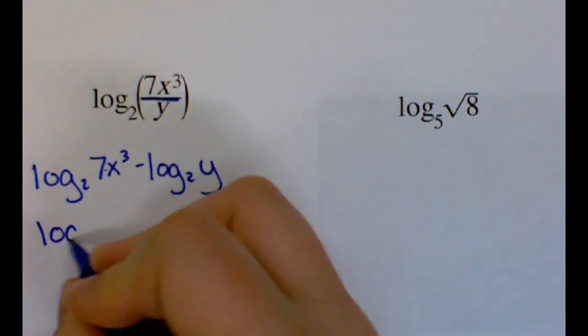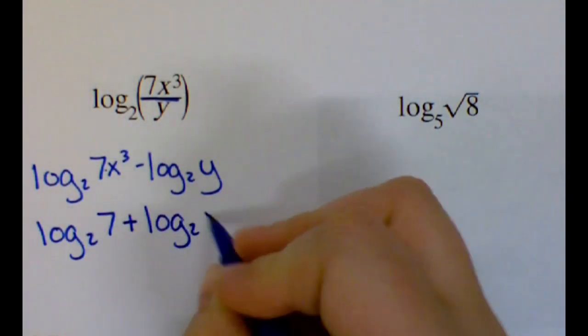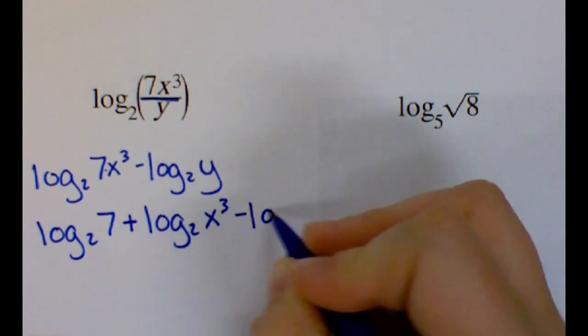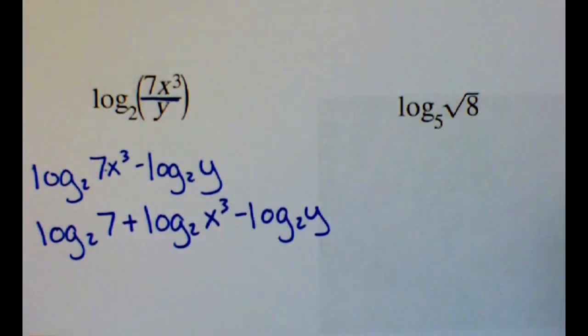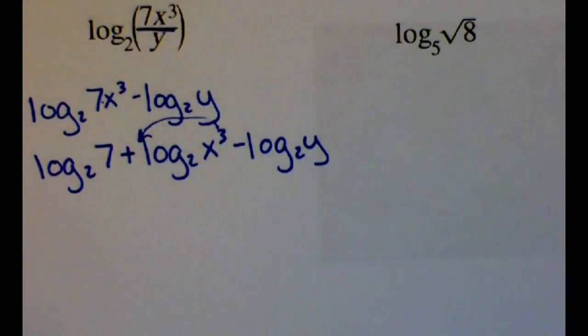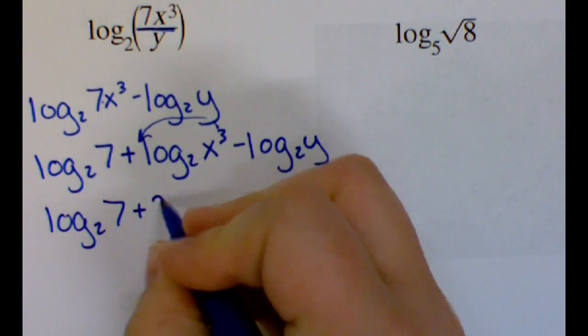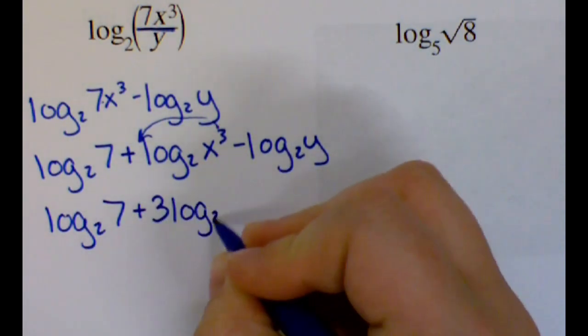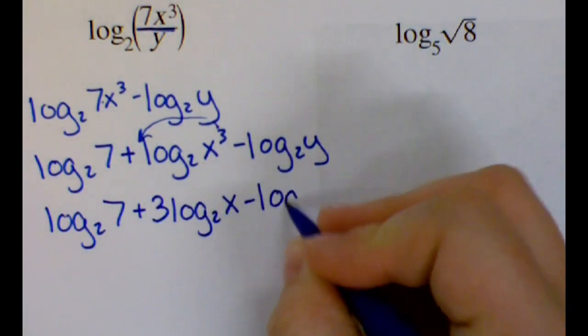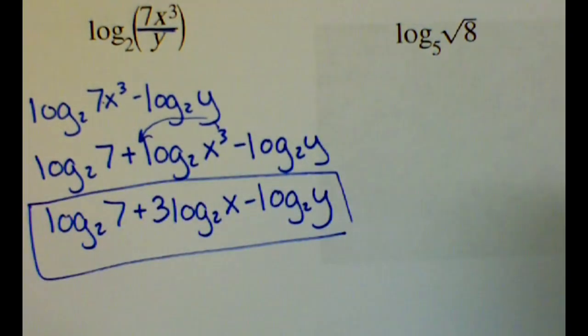Log base 2 of 7 plus log base 2 of x cubed, still minus log base 2 of y. Oh look, x cubed. I can bring that power out front of my log. So I have log base 2 of 7 plus 3 log base 2 of x minus log base 2 of y. And there's what we can do right now.